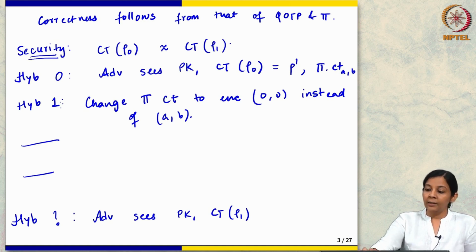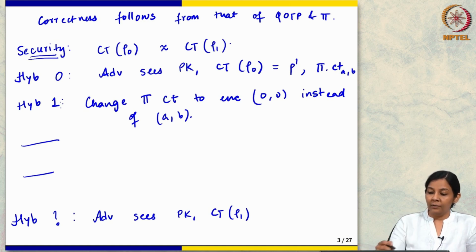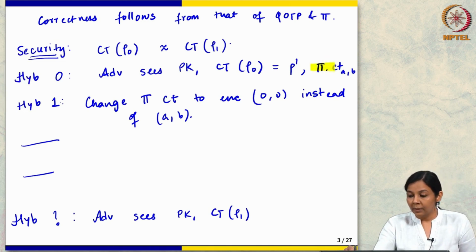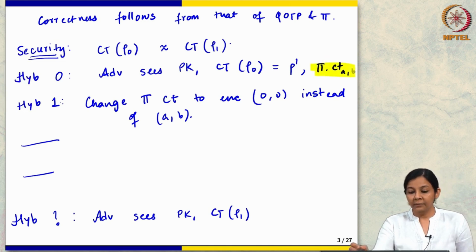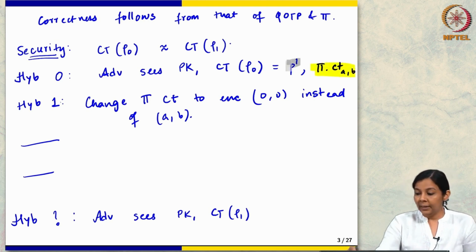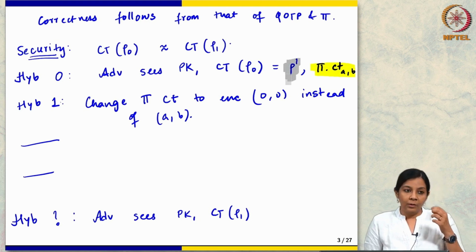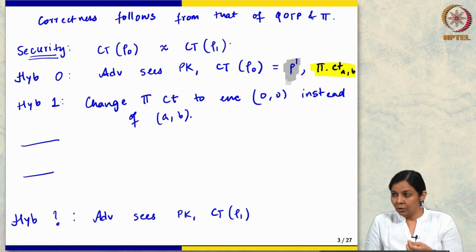I mean, why can't I work on this part first? So, row prime is a QOTP of row 0. Why can't I change that directly to be a QOTP of row 1?